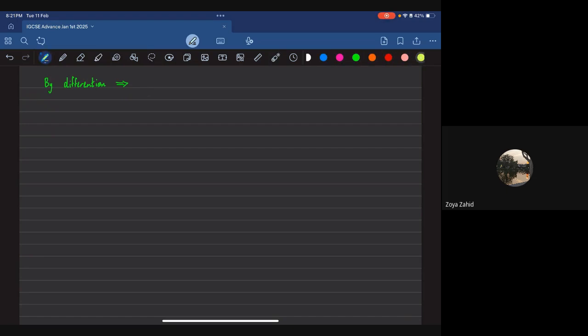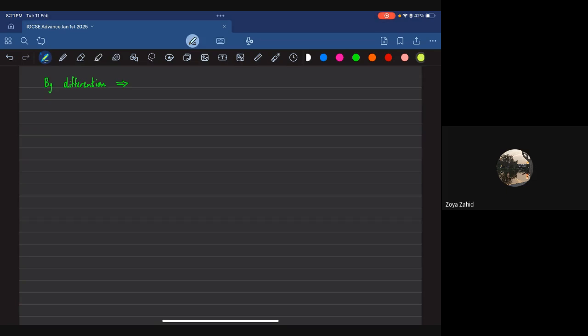Differentiation, if I put it in much simpler words, is when you're trying to see what is the effect that one quantity has when you change another quantity.